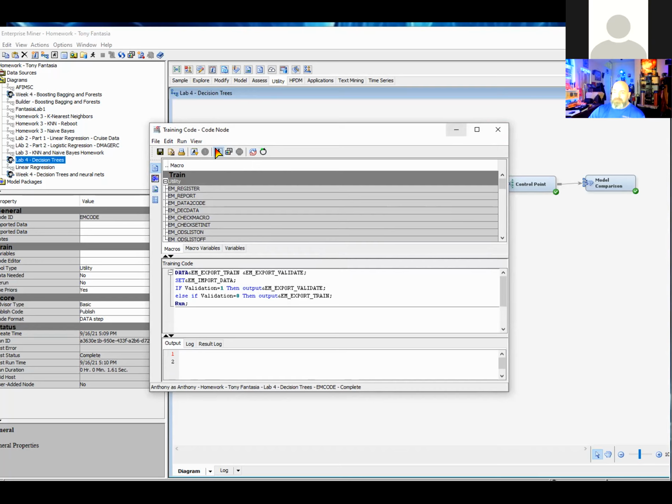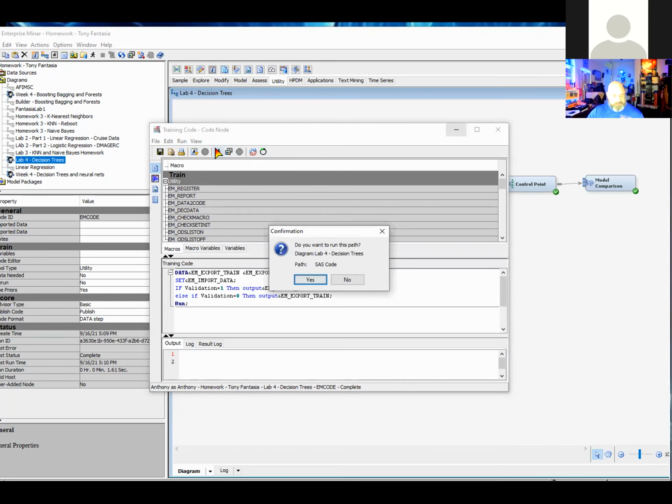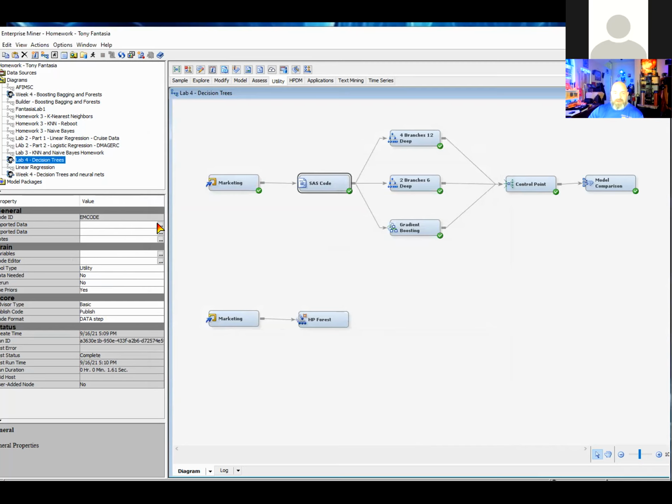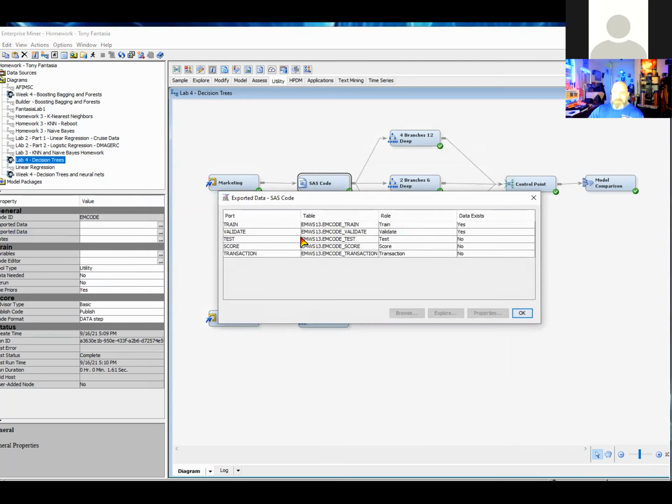I'll run it again, just for giggles. And okay. Now that that's done, I went over here to exported data, click on the ellipsis, and I see that I have training data and validate data.